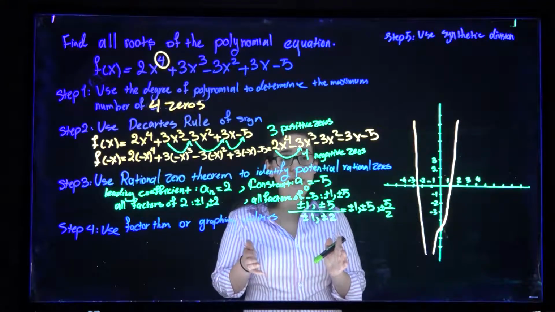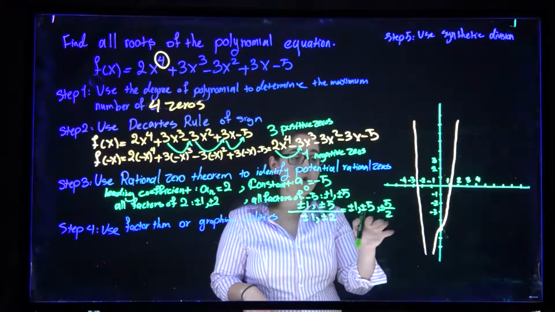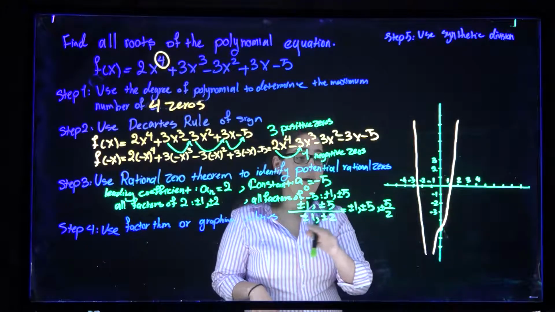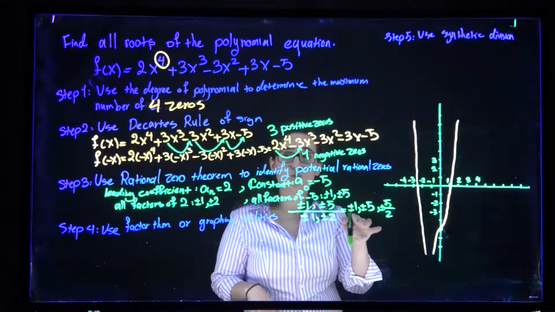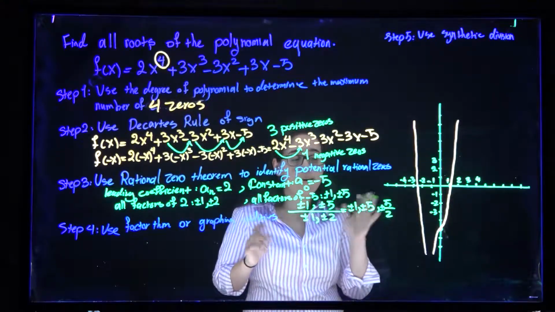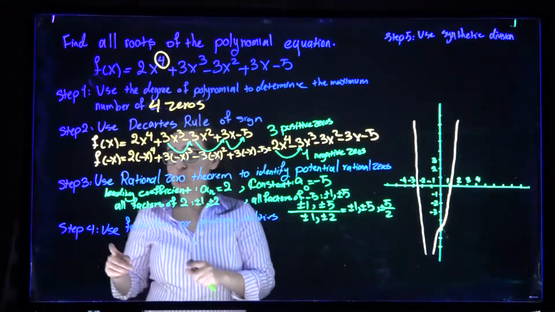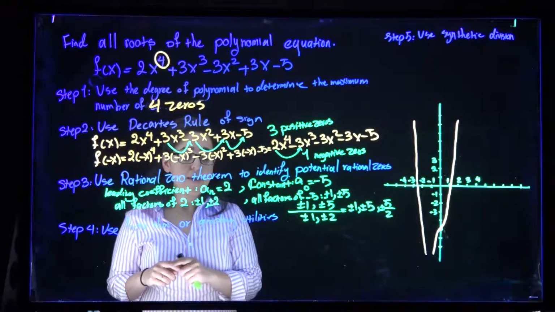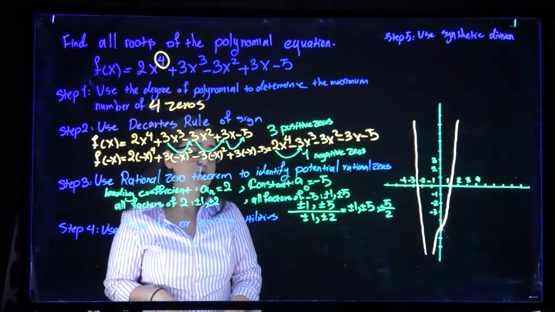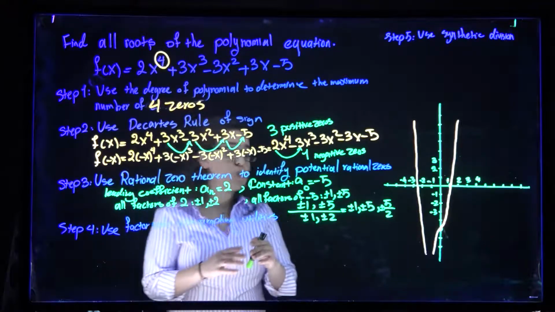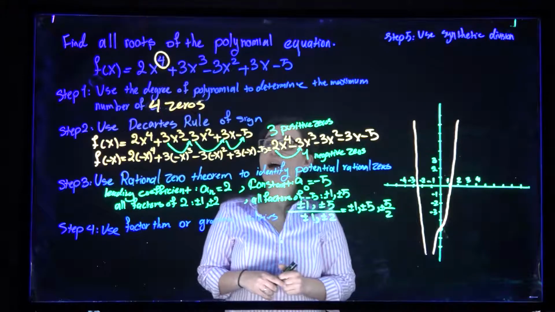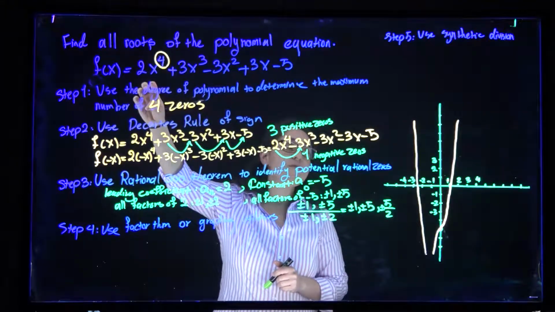There are 2 ways to guess which one of those, how many zeros we have. It's going to be our 4 zeros, or maybe we have imaginary zeros. So one of them is using the factor theorem, and another way is to use the graphing utility. So you can just go ahead and use a graphing calculator to graph the function.